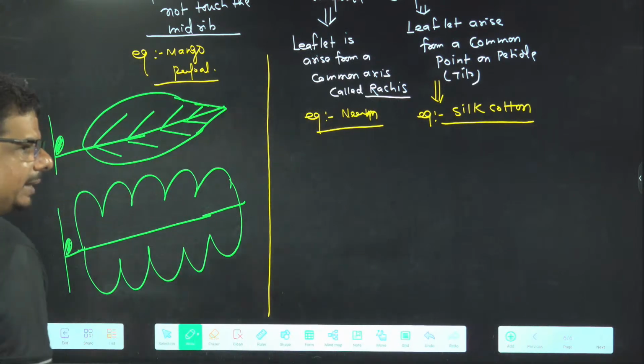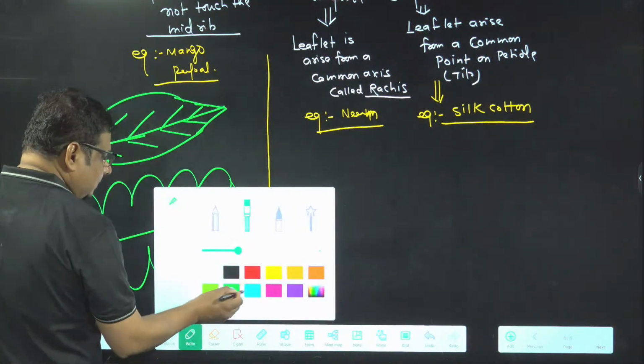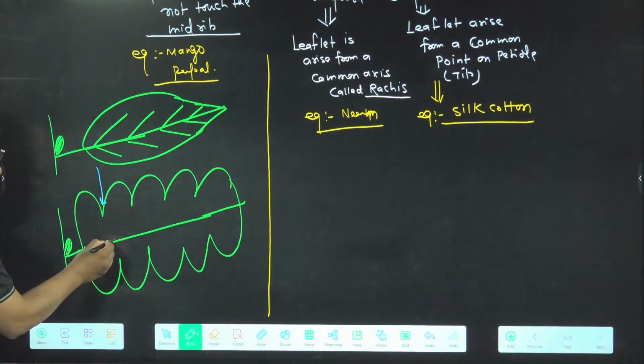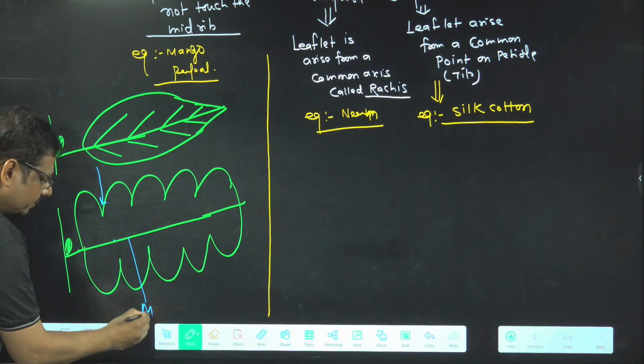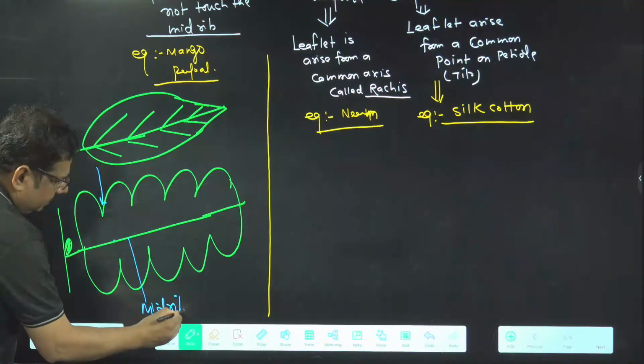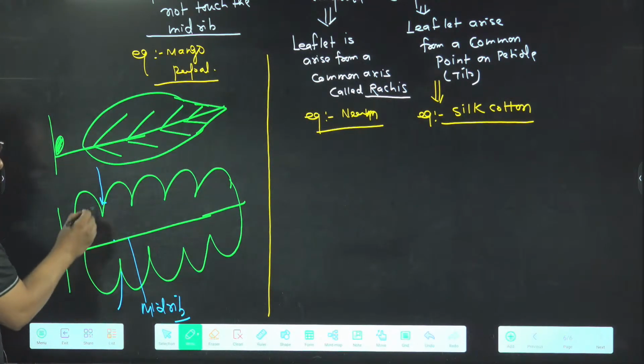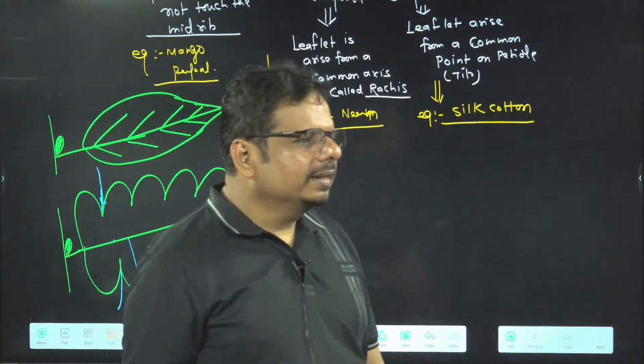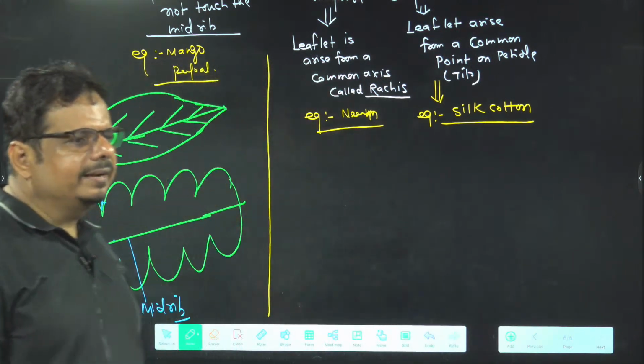Why is it a simple leaf? Incision is there, but this incision is not touching the midrib. Here is the midrib. The leaf is cutting, that is incision, and that incision does not reach up to the midrib. That is the reason it is a simple leaf. You are getting the idea?